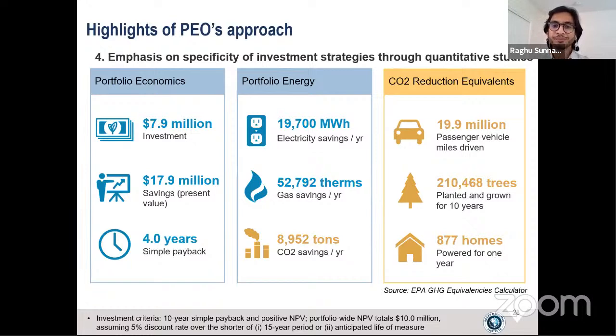And there were some studies that we've done in one of the previous projects where the way the recommendations were made completely changed when we started looking at very specific data. So we want to emphasize how important it is to look at quantitative studies, and that's one of the reasons why we think a mass customized study like ours is more valuable.